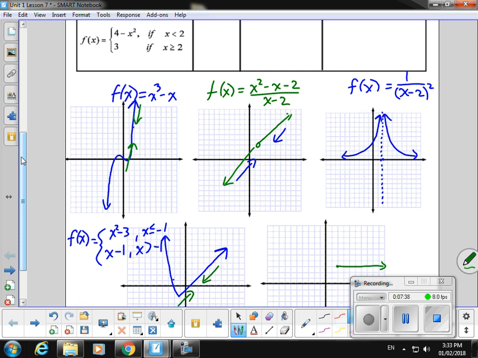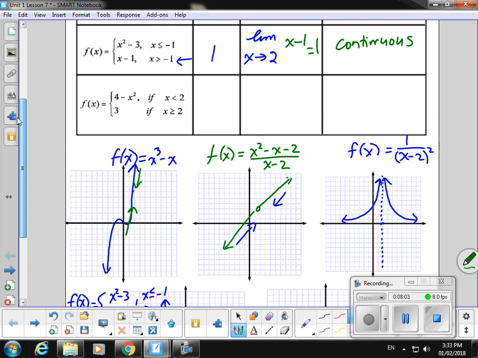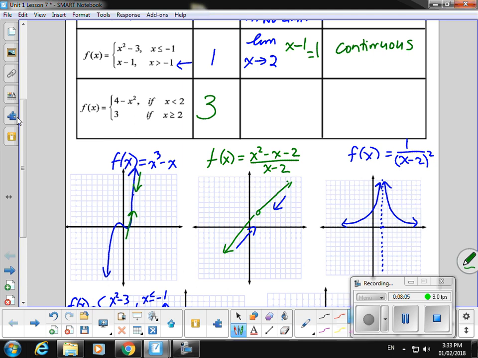So that one is defined at x equals 2. It has a value of 3, but it does not have a limit because the limit would be different from the left and from the right.